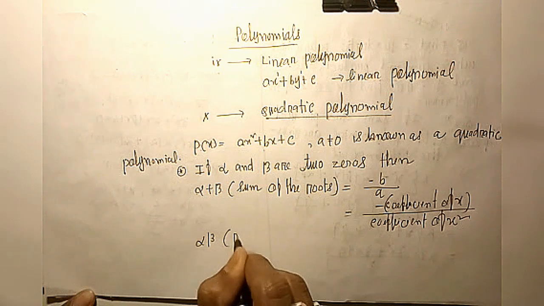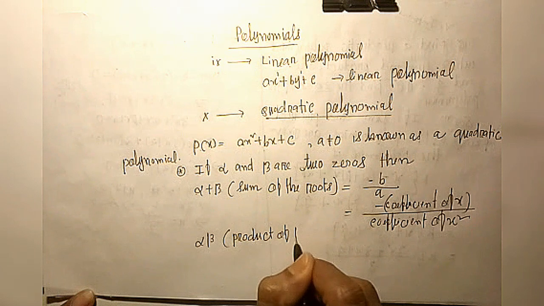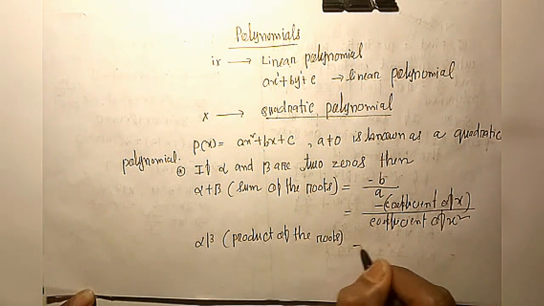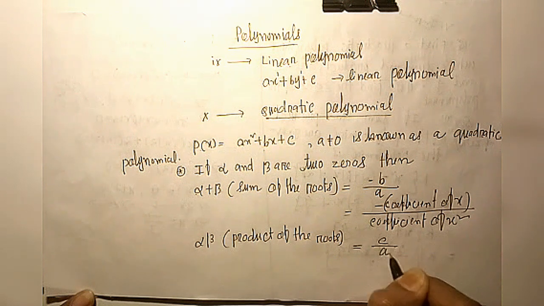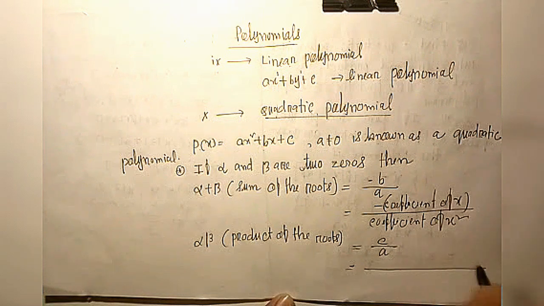And the product of the roots, alpha into beta, means the product of the two roots. So the product of the roots is equal to c by a.